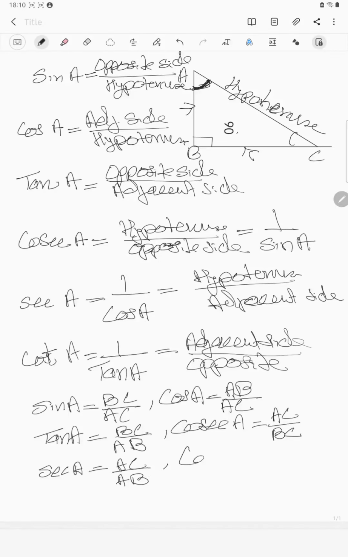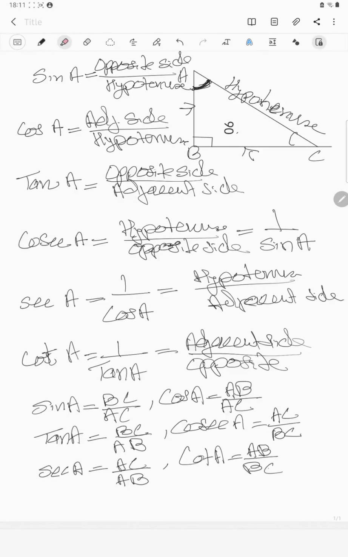Similarly, cot A is the reciprocal of tan A, which is adjacent upon opposite, so AB upon BC. These are the ratios with respect to angle A.